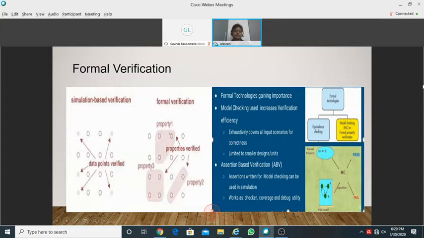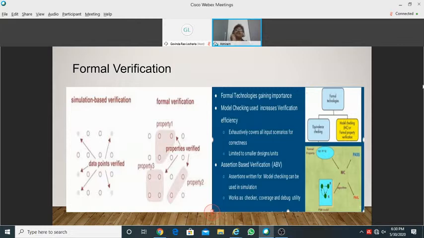For example, if you see, this property here covers 3 sample points. This property covers 2 sample points. But how do you know how to write these properties? That is where the intelligence of the formal verification tool, the tool's complexity, how the tool is designed, should be taken into consideration.